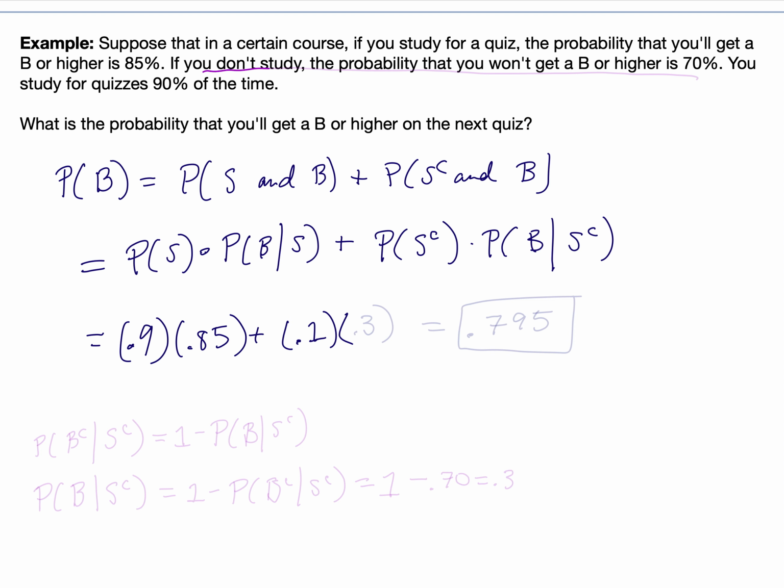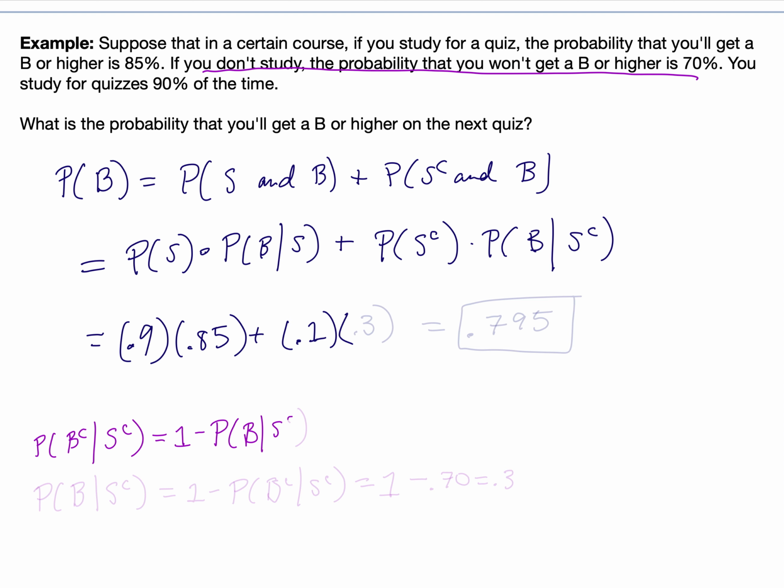Well, that's actually not what is given here. What we have here is the probability that you won't get a B or higher if you don't study. So what we have up here is the probability that we don't get a B or higher given that we didn't study.